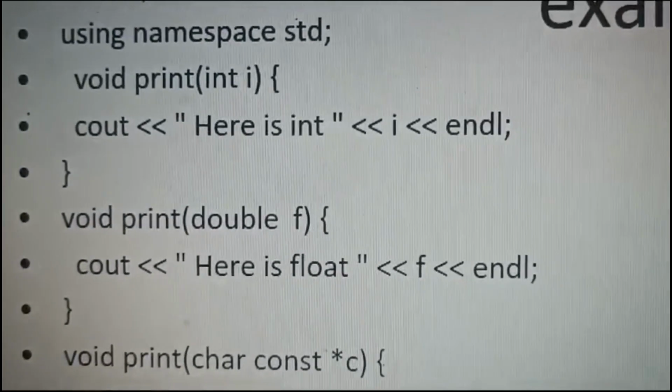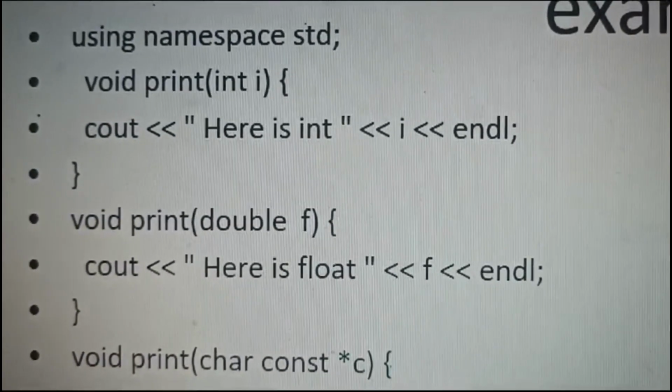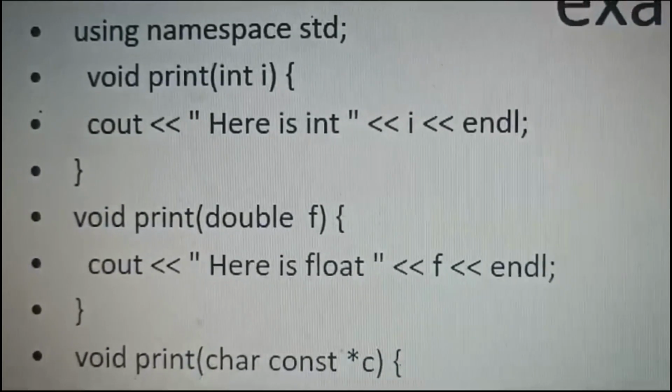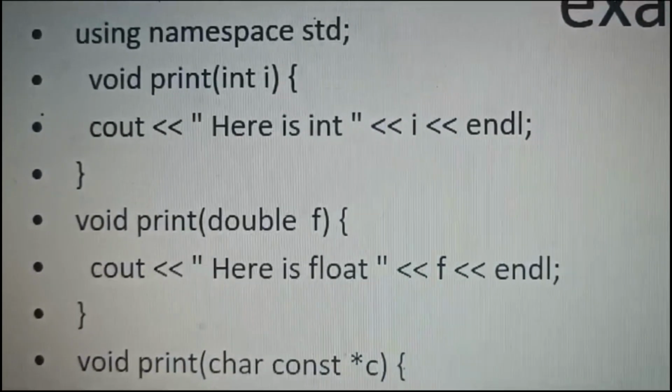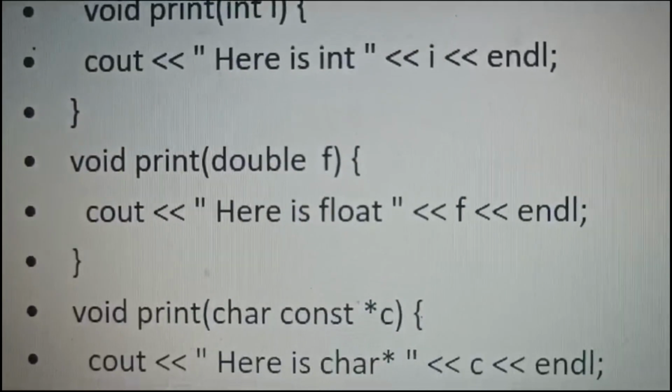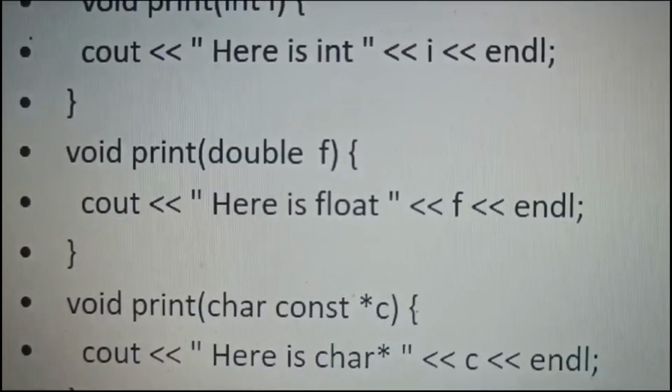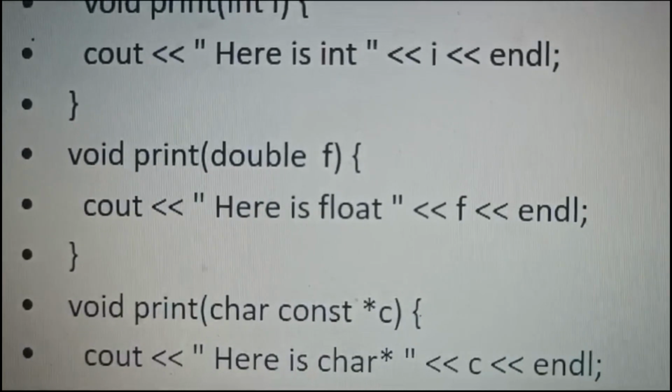For the first print function, the integer argument is there, and a cout statement is written; whatever integer is passed, 10, will be printed over here. Next is the print function with the same name but a different argument, a float argument.